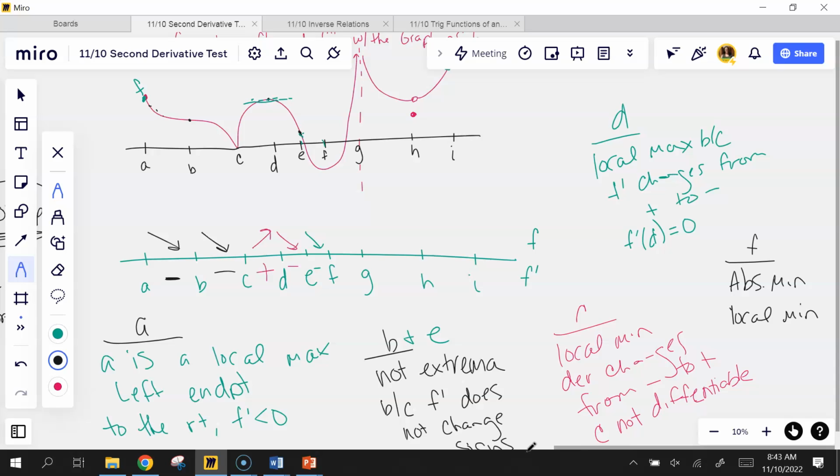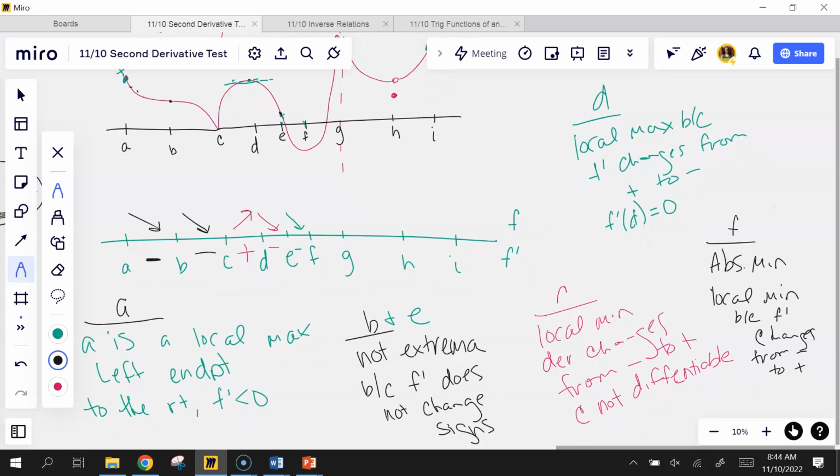I can't say absolute by the first derivative test, but I can say that it's a local min because the derivative changes from negative to positive there, right? And it's an absolute because it has the lowest function value. And if I wanted to say that, I definitely could. But remember that first derivative test is only going to test you for locals. You have to plug in to find your absolutes.